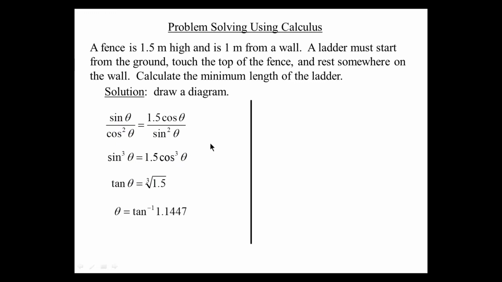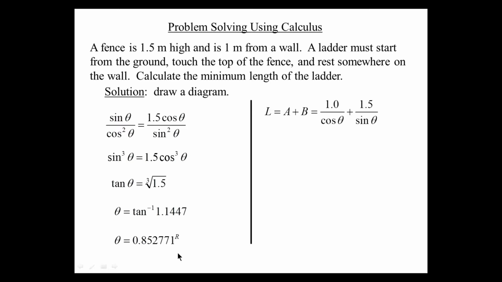And so theta itself is the inverse tan function of 1.1447, because that's what the third root of 1.5 is. And so theta is equal to, well, when you do it on a calculator, the inverse tangent of 1.1447 in radians, now, it's got to be in radians, we get this. So we have our theta.